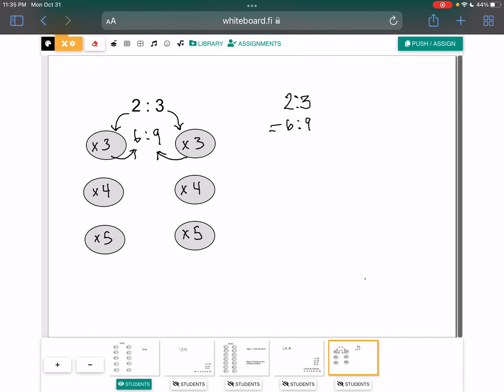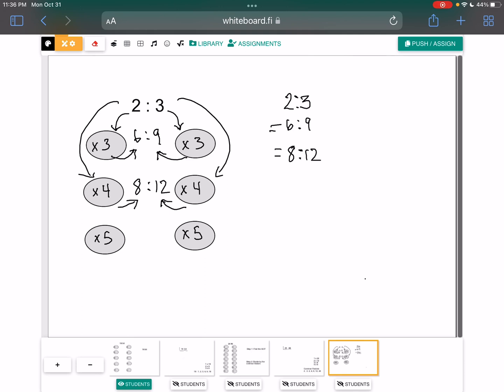And if you do the same thing using the factor of 4, you're just going to multiply both 2 and 3 by 4 and come up with a new equivalent ratio of 8 to 12. Right? 2 times 4 is 8, and 3 times 4 is 12.